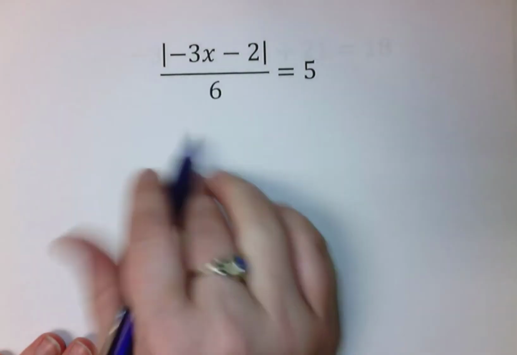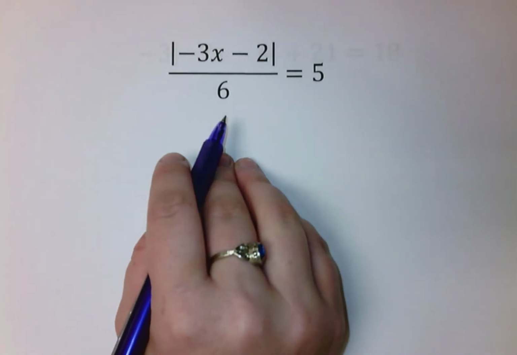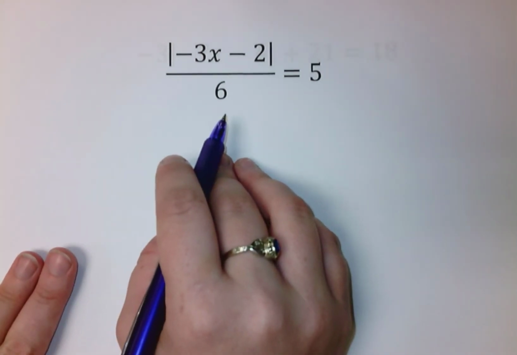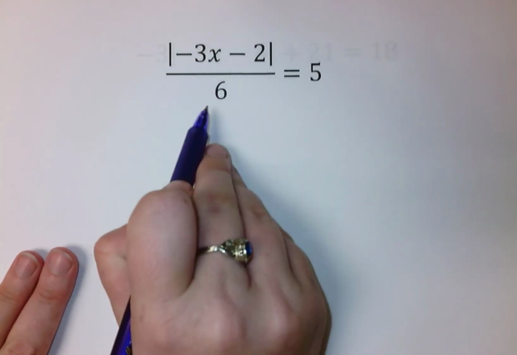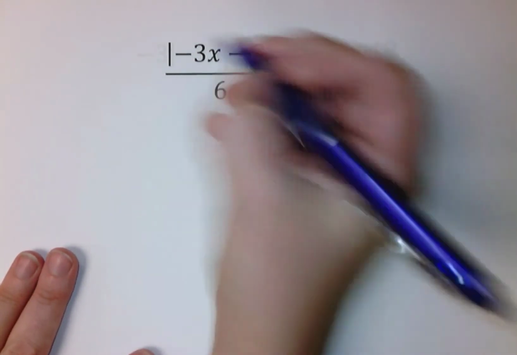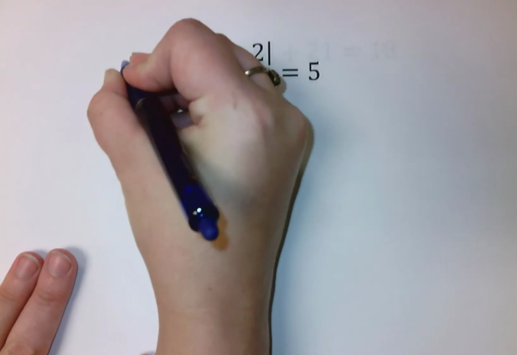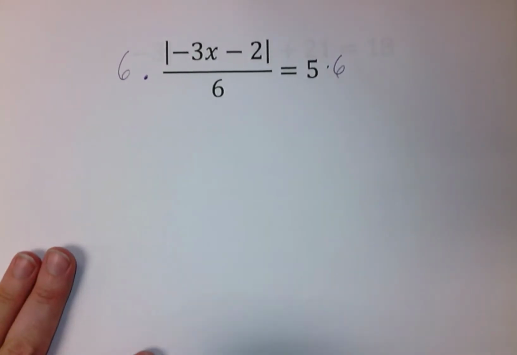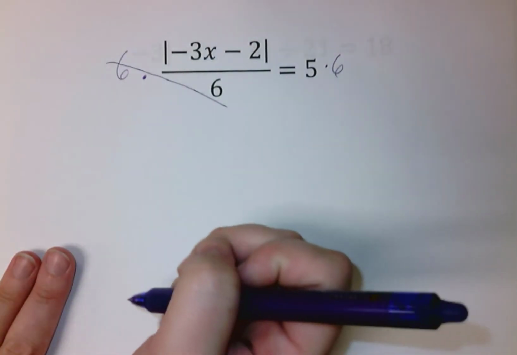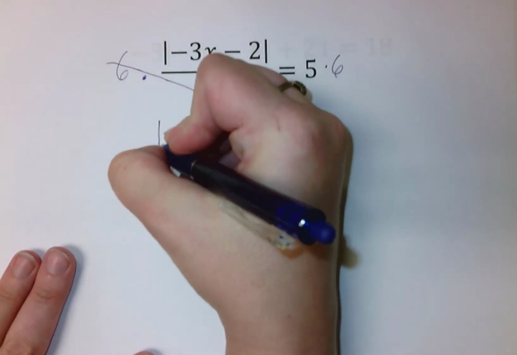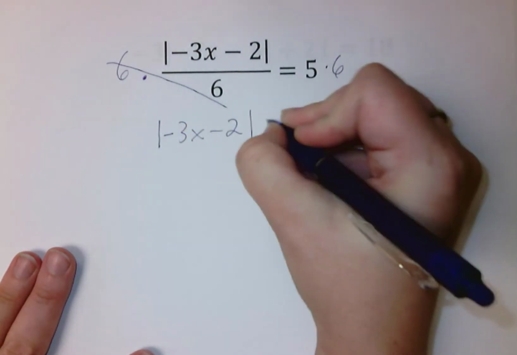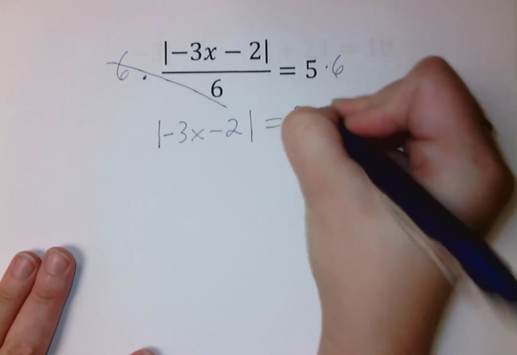All right, so looking at this one here, what is my 6 doing? My 6 is dividing, so its inverse is to multiply. I'm going to multiply both sides by 6. It cancels out on the left, and I'm left with the absolute value of negative 3x minus 2 is equal to 30.